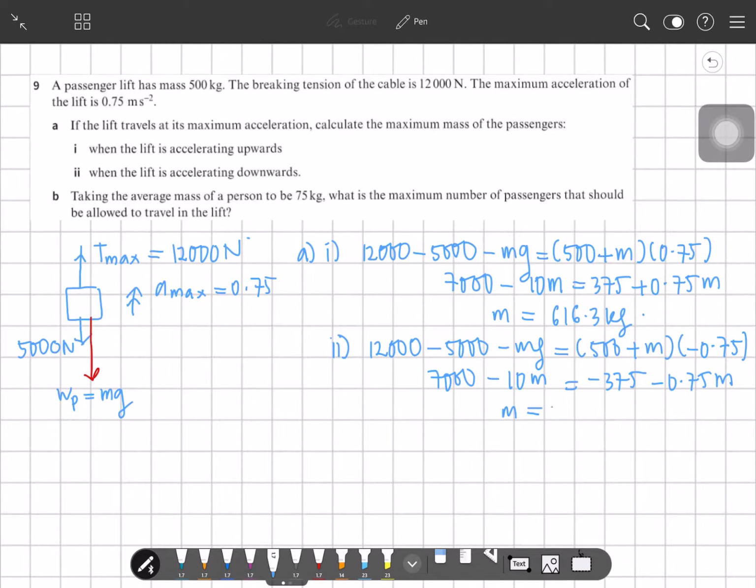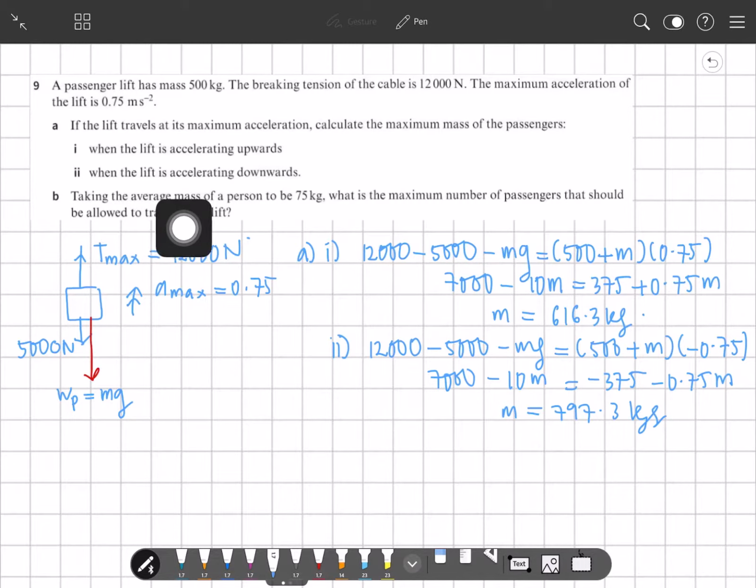We get the value of m here equal to 797.3 kilogram. So this means that 797.3 kilogram is the maximum mass of the passengers when the lift is accelerating downward with maximum acceleration value. Alright, that is for question A, first and second Roman.